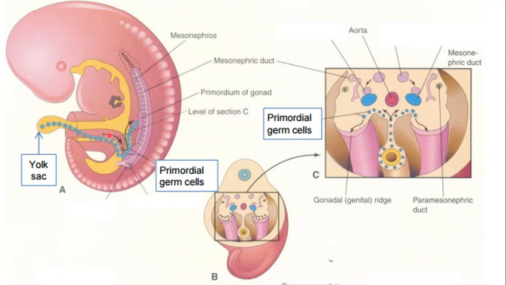So these primordial cells move from the yolk sac towards the area of the developing gonads. This is the fourth week of intrauterine life. And as these stem cells of the future ova reach here, they are given another name, that is the oogonia.